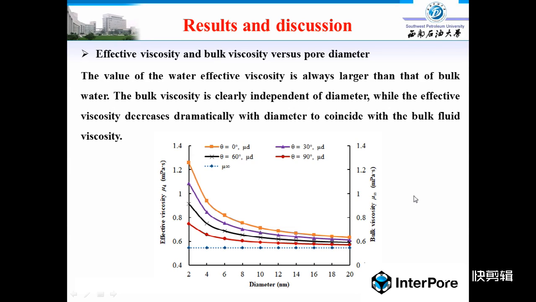The value of the water effective viscosity is always larger than that of bulk water, and the effective viscosity decreases dramatically with the diameter. Bulk viscosity is clearly independent of diameter.